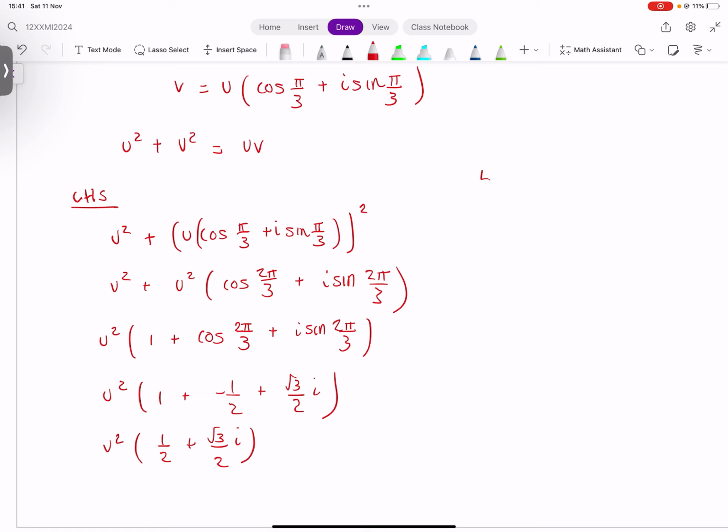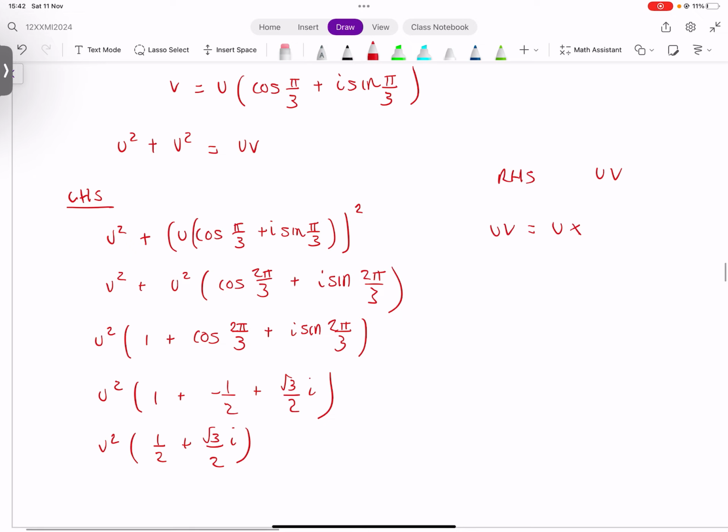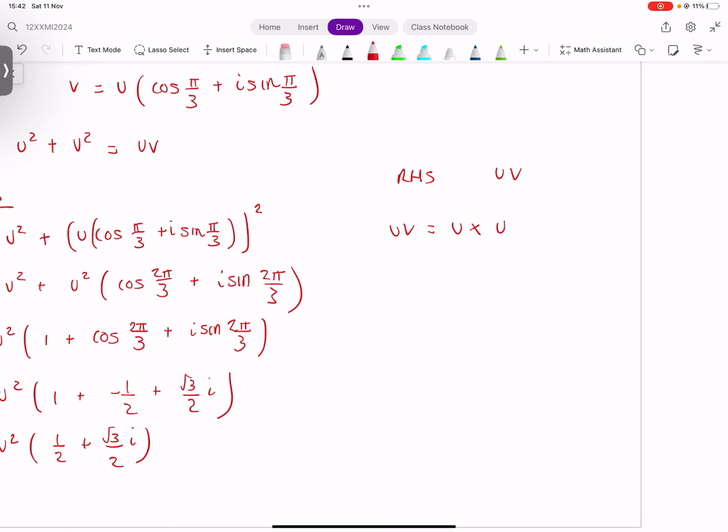Let's have a look at our right-hand side. Our right-hand side, we're trying to find uv. So let's multiply u and v. So uv, well, u is u, and v we figured out was u times by cos of pi on 3 plus i sine of pi on 3.